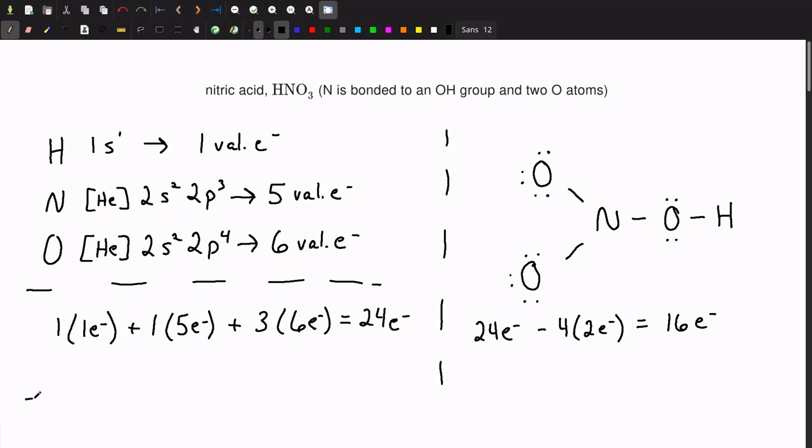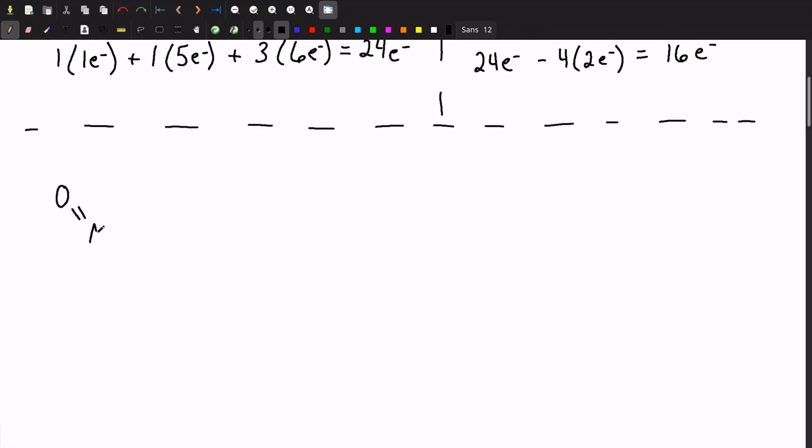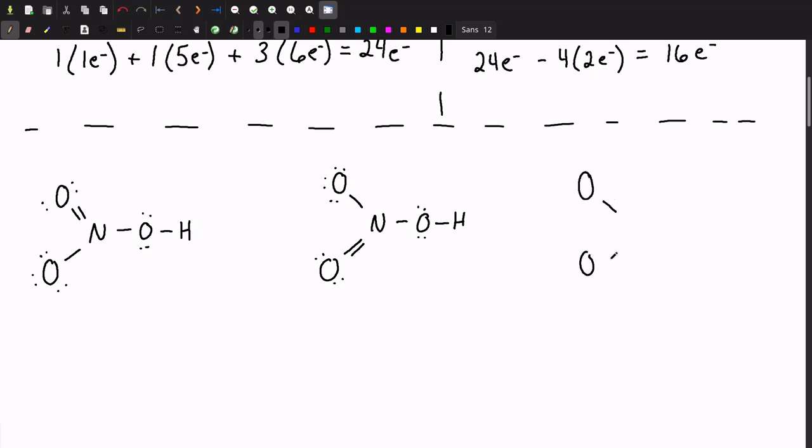So let's consider the 3 cases that we have here for a moment. Let's see if we can use formal charge to figure out which of these is correct.